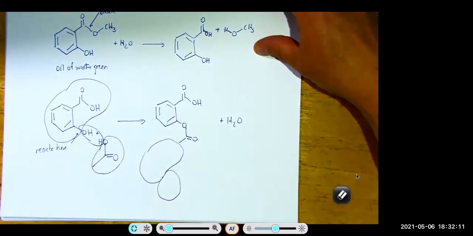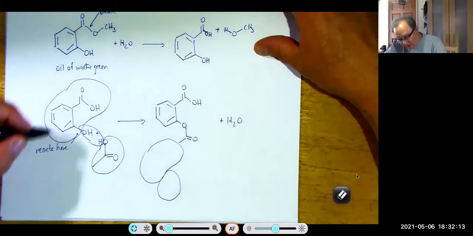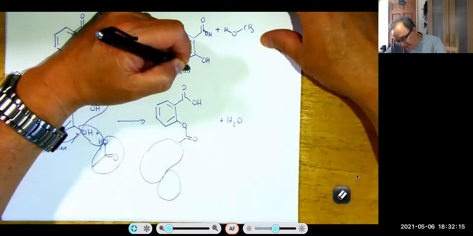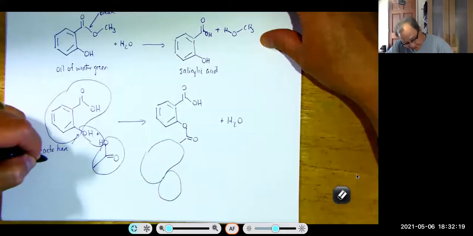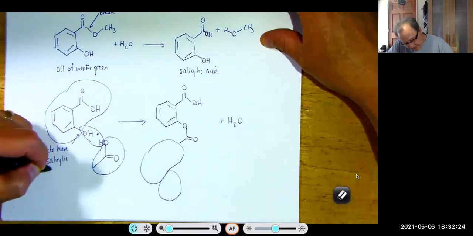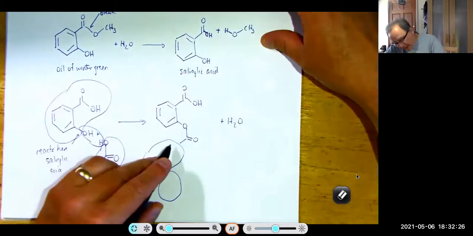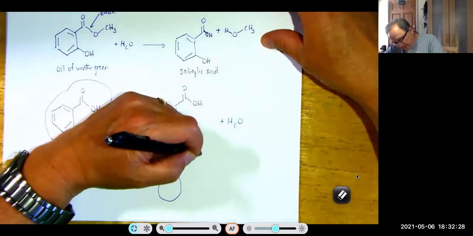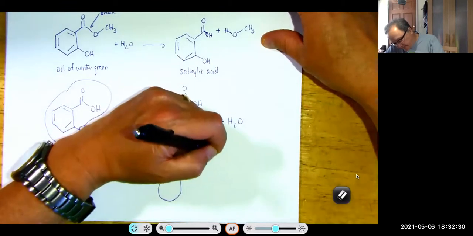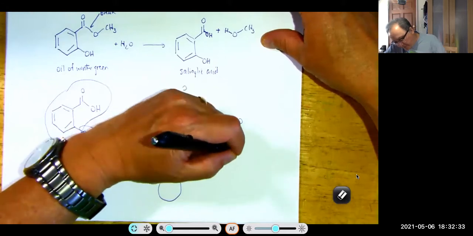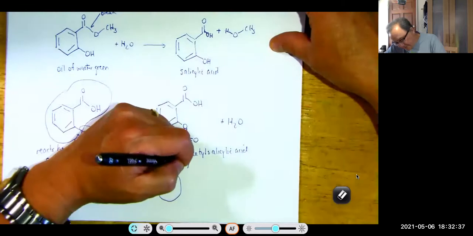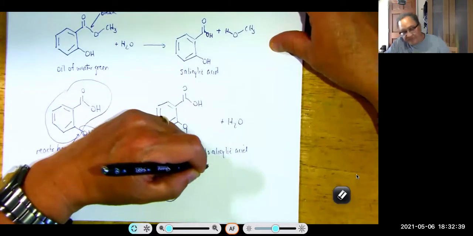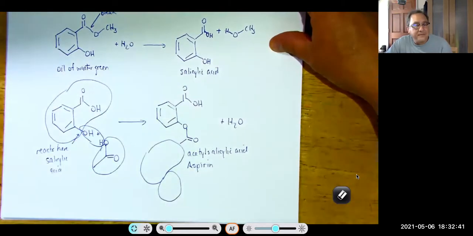Yeah. And this here is called salicylic acid, which is the same thing here. And we make this thing here, which is called acetylsalicylic acid, but it's got a trade name, and the trade name is called aspirin.